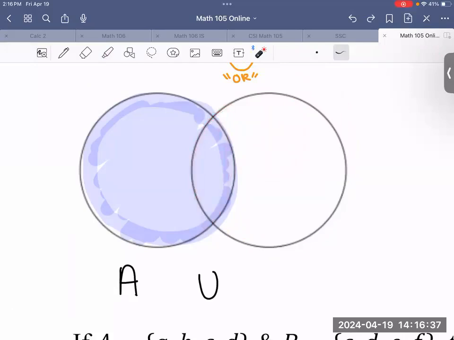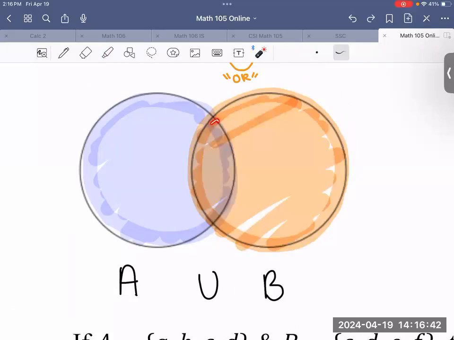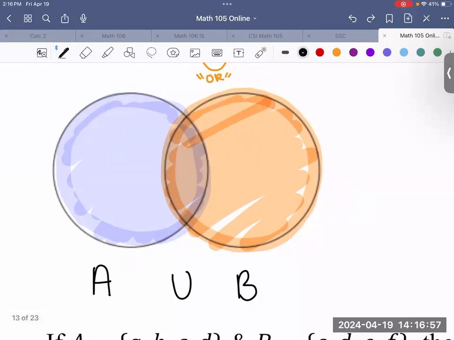And then when I shade B, I'm now taking a chunk of A, which had already been shaded. So we're going to trim the excess. We want to get rid of what has been double counted, because it is overinflating our value. We're going to show an example of that in a moment. So this can be read as A or B or both.